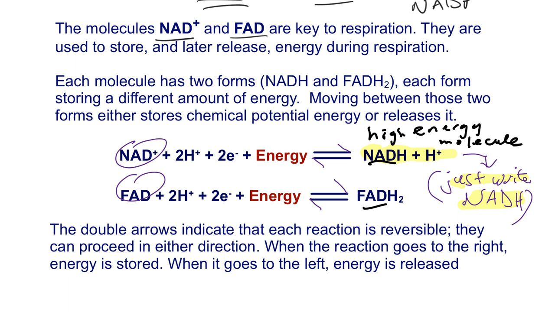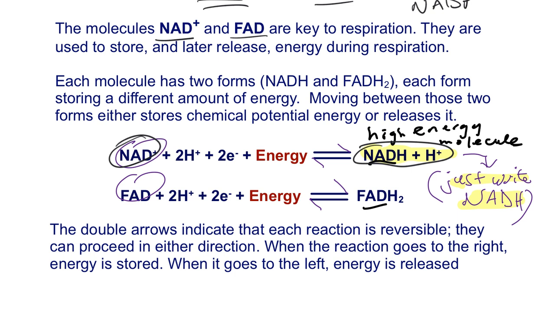These are again like batteries. They charge up, then they discharge, and then they get charged up again. Okay, so NAD plus is the uncharged form of the battery. This molecule acts like a battery, and then when it's charged up, it becomes NADH2.